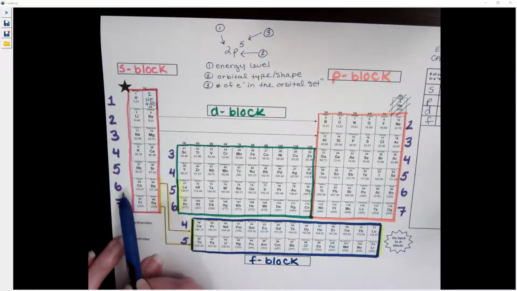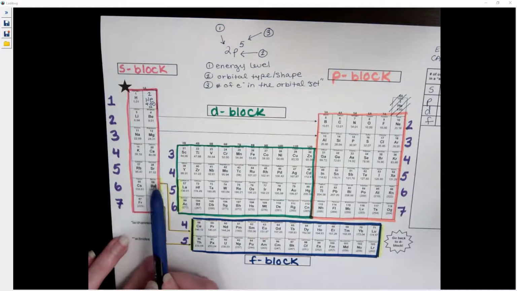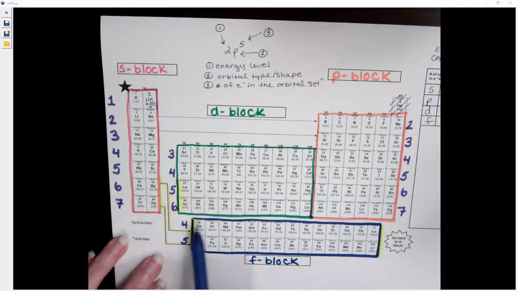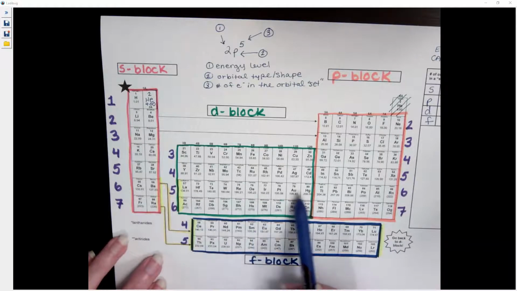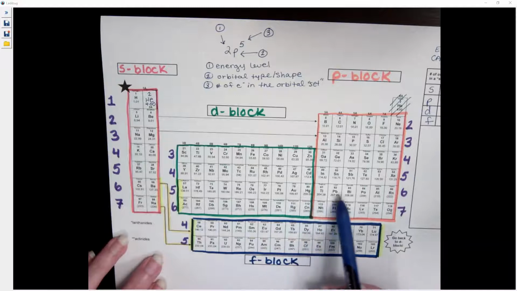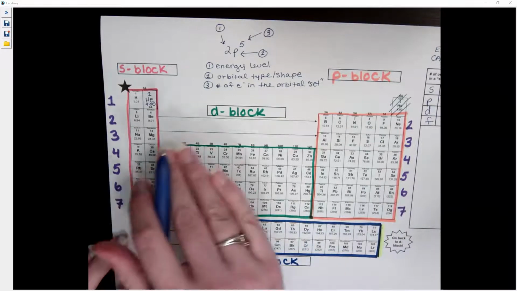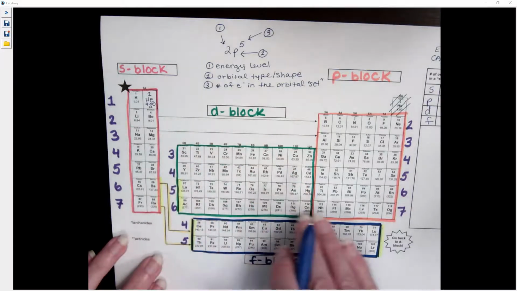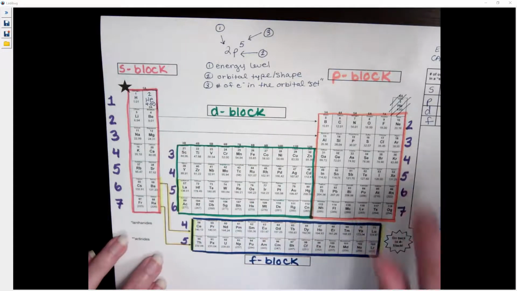So we'll get all the way to 6s, and then you come down, and then it's 4f. Then you'll come back, and it will be 5d. And then you get here, and it will be 6p. Okay? So we're going to have this going down and then coming back up pattern.